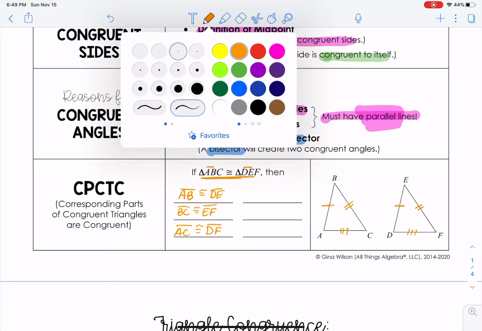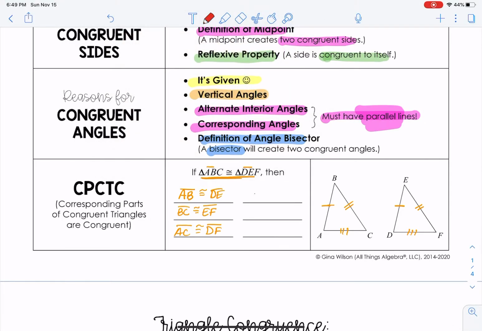But I also know something about the angles. I know that angle A is congruent to angle D, and again, I can get that from the location in the name or from the picture.